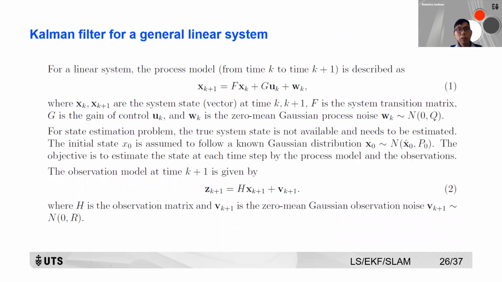In general, for a linear model, given this equation and a linear observation model given by this equation, we also have UK as a control, WK as Gaussian process noise with covariance matrix Q, and the measurement noise, which has covariance matrix R. We assume at the beginning the state follows this Gaussian distribution, x0 hat and covariance matrix P0.